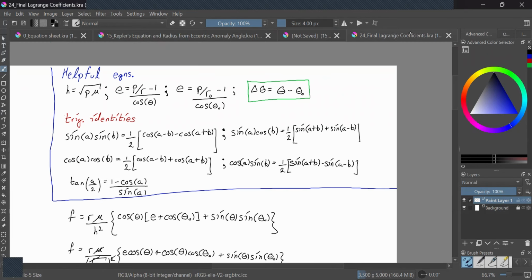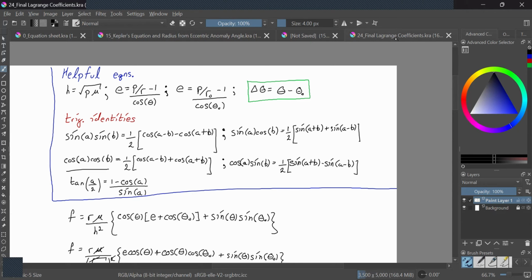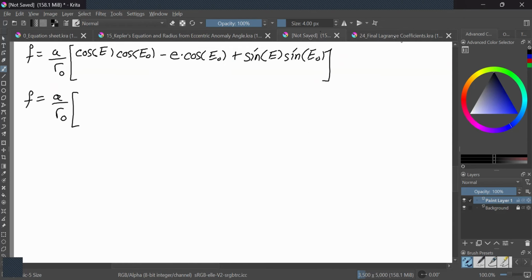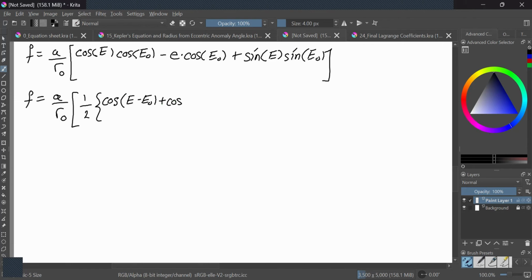So we saw, let's see, it's cosine times cosine: 1/2 cosine of A minus B plus cosine of A plus B. So 1/2 cosine of E minus E naught plus cosine of E plus E naught.